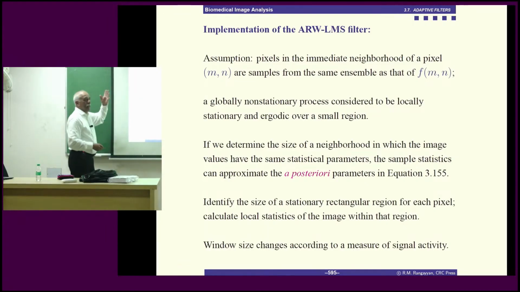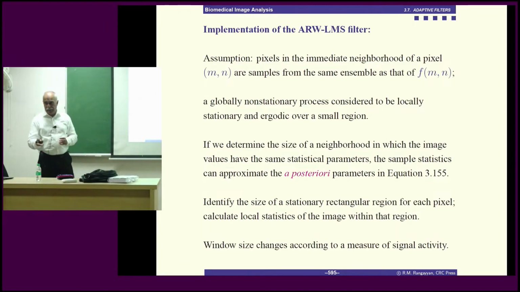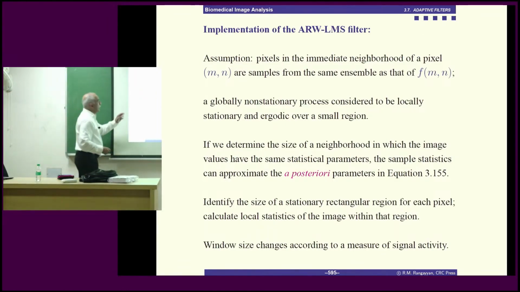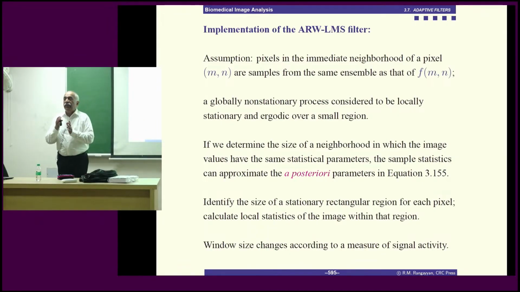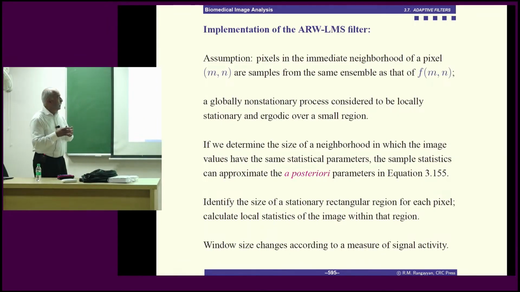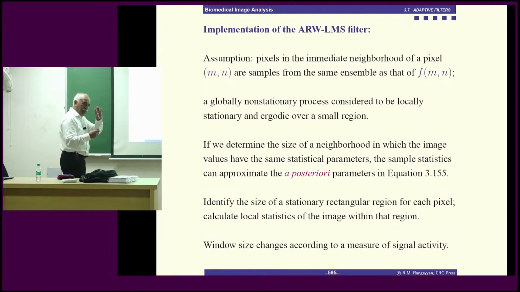So you replace ensemble statistics with spatial statistics. So if we determine the size of a neighborhood in which the image values have the same statistical properties, the sample statistics can approximate the posteriori parameters in that equation we saw. So you need to identify the size of a stationary rectangular region within which to compute the statistics for that pixel.